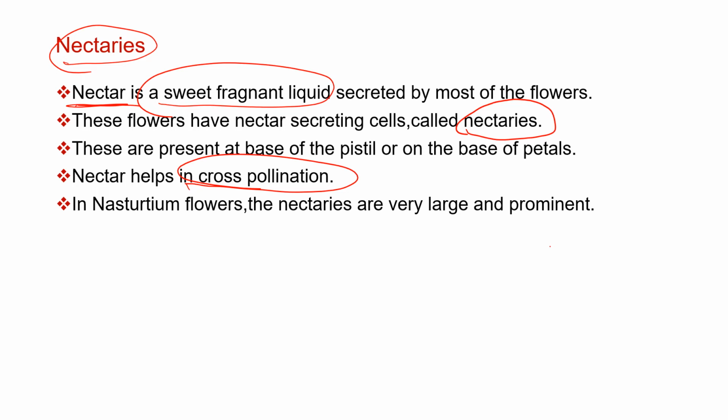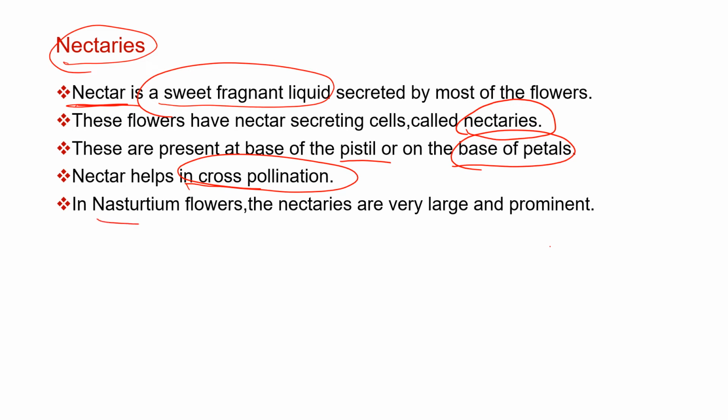They produce a fragrant sweet liquid which has a sweet fragrance. The honeybees come and sit on that. They sit on the stamens and carpels, and carry the reproductive parts from one flower to another. So this is how cross pollination happens, and these nectaries are present at the base of the pistil or at the base of the petals.